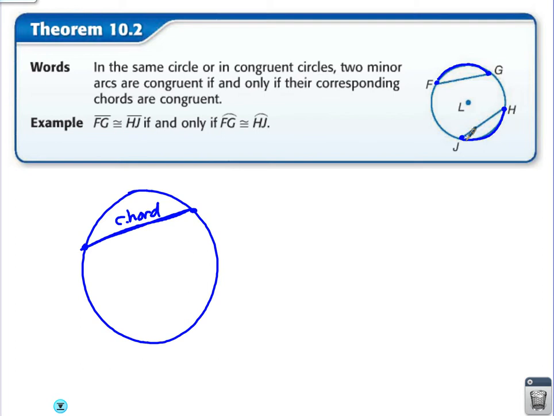A while ago, we said the only way for those two arcs to be congruent is if this angle and this angle here were congruent. Remember that? If those are congruent, then the arcs are congruent. But not only that, if those angles are congruent and those arcs are congruent, also, the chords are going to be congruent. The distance from here to here is going to be the same as the distance from here to here.